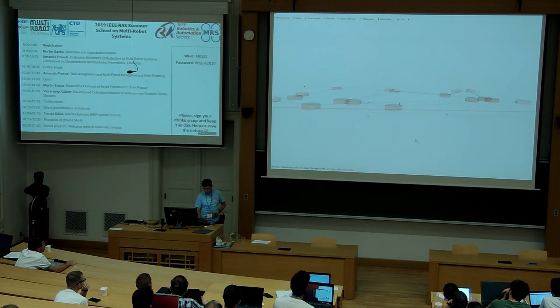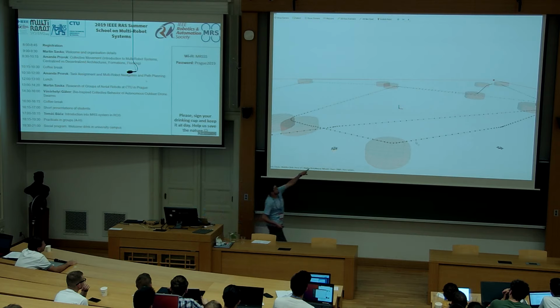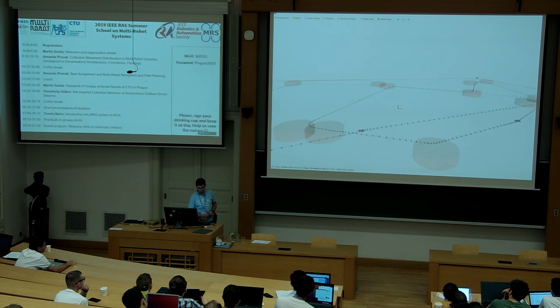And hopefully the drones will take off. Drone number 1, drone number 2, they'll fly to the start points of the trajectory, and they'll follow their pre-computed paths. So drone number 2 goes here, drone number 1 goes here.